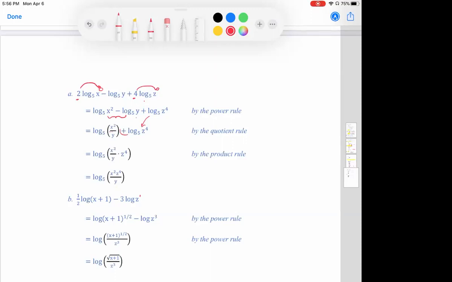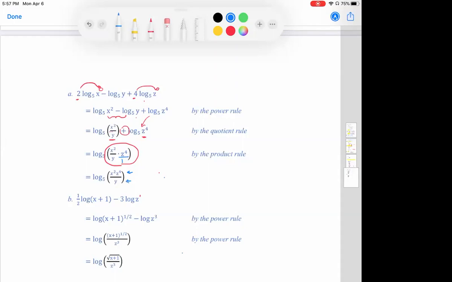All right, because I have addition, I must rewrite this using multiplication. Multiply the numbers that don't have the log. So x squared over y times z to the 4th power. Now, if it's helpful, whenever you have a number and you're multiplying with a fraction, always write it as over 1. So x squared times z to the 4th power like we have here, and y times 1 is just y like we have here.